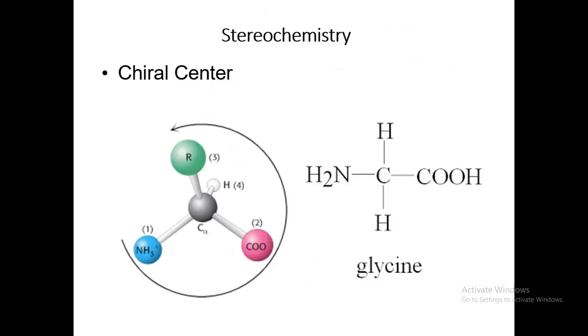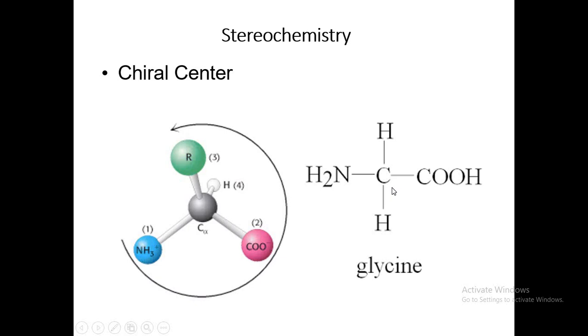Now, another chemical property of amino acids is their chirality. So what is a chiral center, or what is chirality? Carbon has 4 valencies.